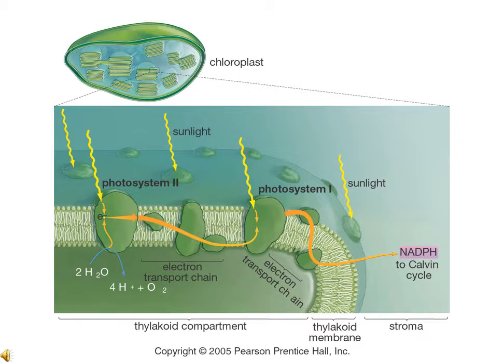In addition, not actually shown, ATP is also produced. But this shows you the complexity that's taking place in the sense that electrons get bouncing down these proteins that are present, and eventually they get moved through an electron transport chain, and these electrons are going to be captured in NADPH, and ATP will also be produced.